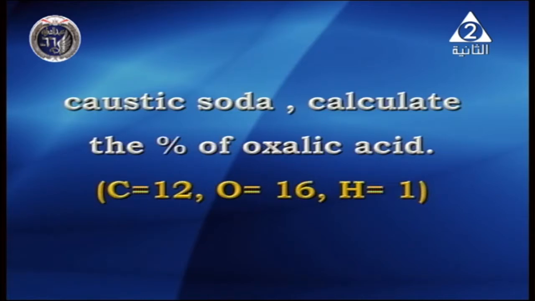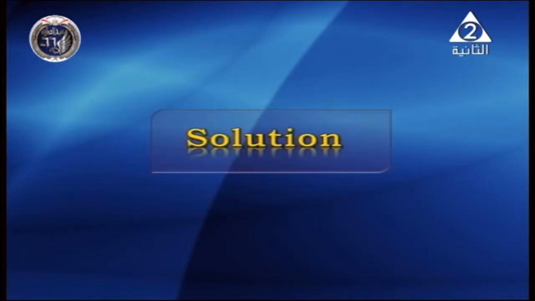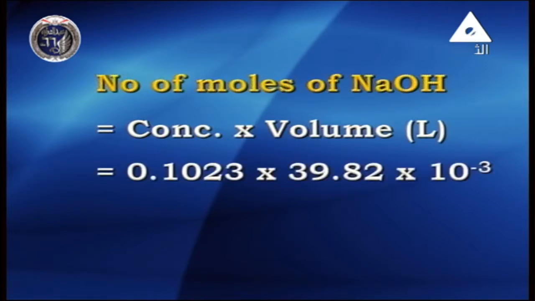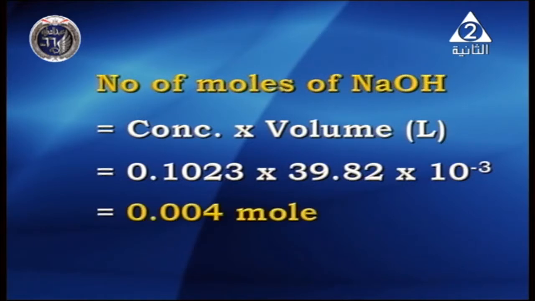Calculate the percentage of oxalic acid, where the atomic mass of carbon equals 12, oxygen equals 16, hydrogen equals 1. The solution: the number of moles of sodium hydroxide equals concentration times the volume, so equals 0.1023 times 39.82 times 10 to the power negative 3 equals 0.004 mole.